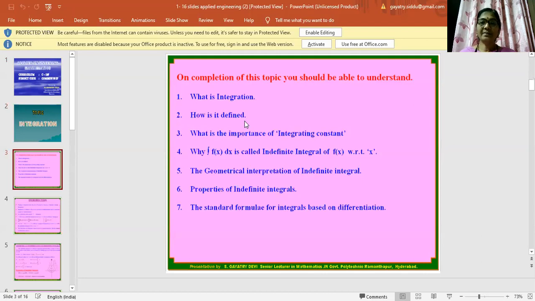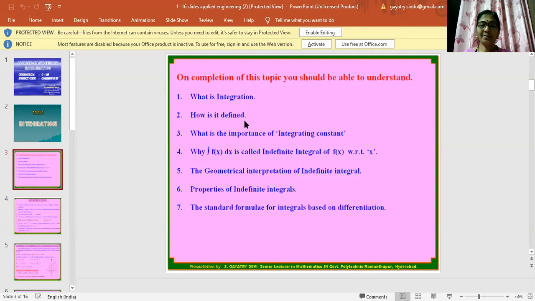On completion of this topic, you should be able to understand what is integration, how it is defined, what is the importance of the integrating constant, why integral f of x dx is called the indefinite integral of f of x with respect to x, the geometrical interpretation of indefinite integral, the properties of indefinite integrals, and finally, the standard formulae for integrals based on differentiation.